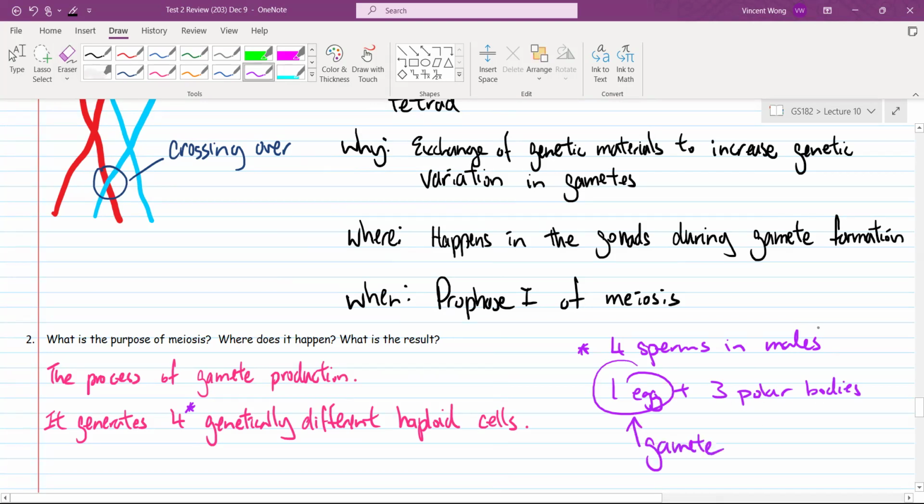Right? These are not reproductive cells. Where does it happen? Testicles in man and ovaries in female.